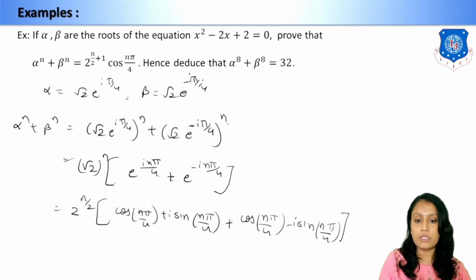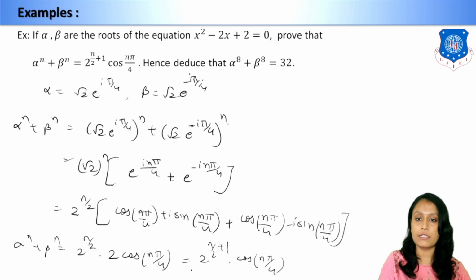So these two terms will get cancelled, and we have over here 2 raised to n by 2 into 2 times cos n pi by 4. So this we can write as 2 raised to n by 2 plus 1 into cos n pi by 4. This is what we wanted to prove as alpha raised to n plus beta raised to n.